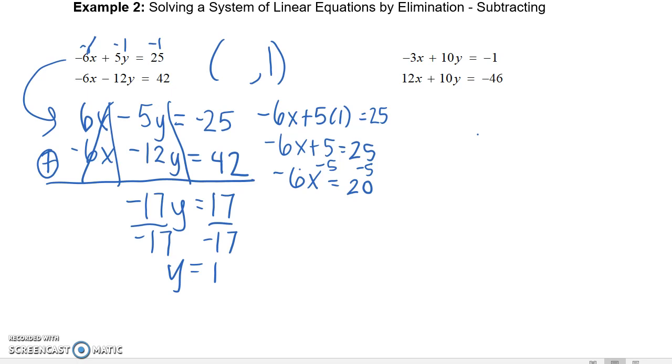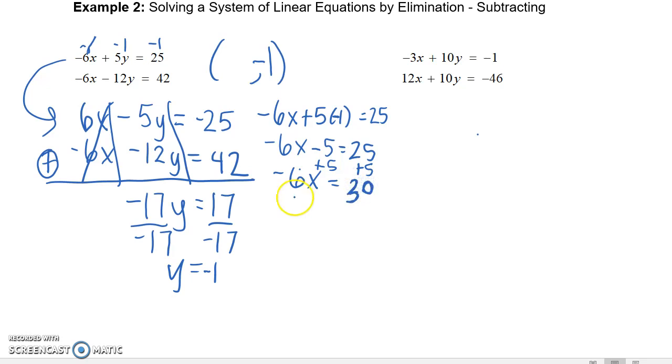Guys, I made a mistake. My y should be -1. I knew I wasn't coming up with the right answer, so I need to go back and fix that. 5 times -1, so that should be -5. So -5, so now I add 5.